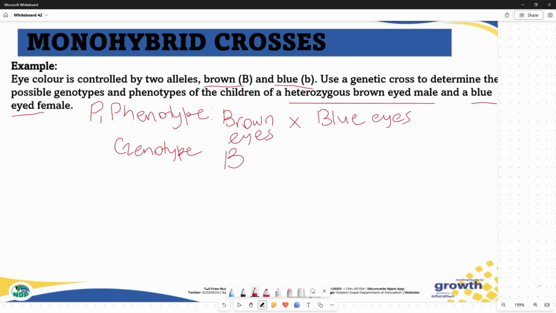But because it's heterozygous, it means you have got 2 different alleles, but this one is masked by the dominant one. Hence, it is not showing in the phenotype. Then blue eyes, remember this is recessive, it only shows in its homozygous state.